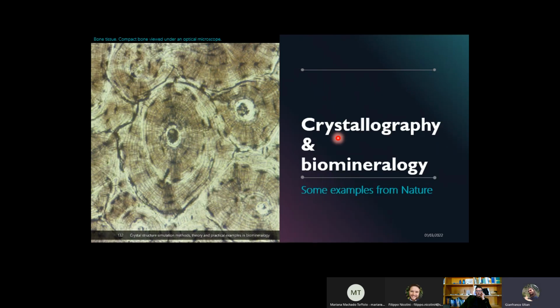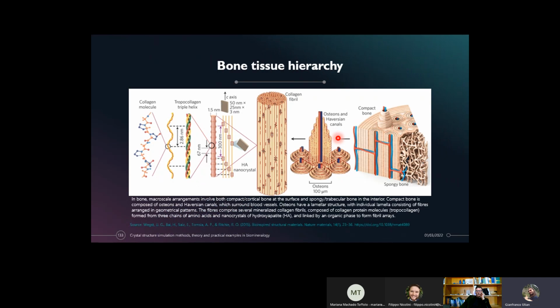Let's go to some examples of these methods in mineralogy and biomineralogy in particular, starting from the bone tissue. Some of you coming from biology are well aware of the hierarchy of bone tissue. If we start from compact and spongy bone, we go down in size, seeing osteons and Haversian canals.